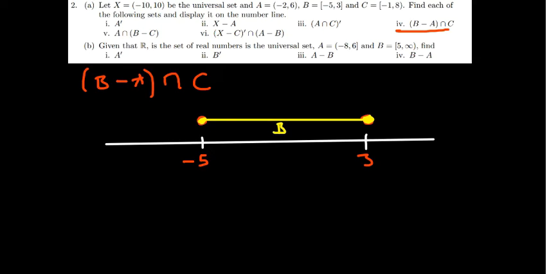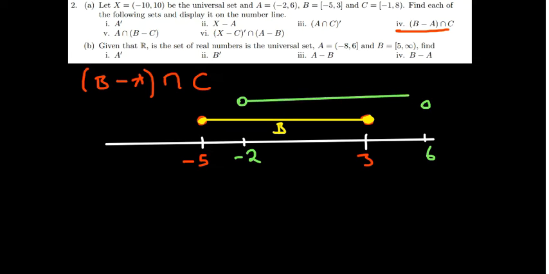And then I'll present my set A, which we are expected to remove. Now set A is from negative 2, which I believe is somewhere here, all the way up to 6. So 6 is after 3. So negative 2 and 6, and then we have it there, like that.